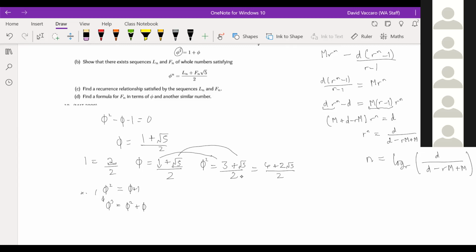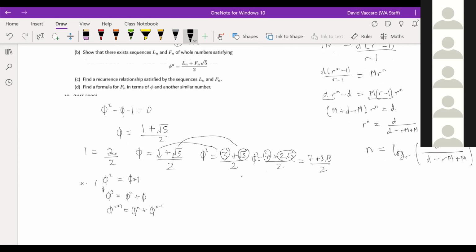And that's phi cubed. But now you can see exactly what's happening, that the next power of phi is the sum of the previous two. So the next power would be 3 plus 4, which is 7, as a number. And then we add the 2 root 5, so we get root 5 plus 2 root 5, so we get 3 root 5 over 2.